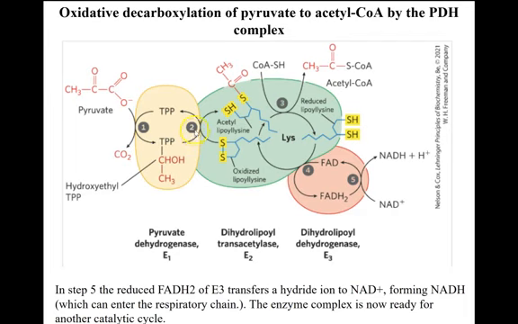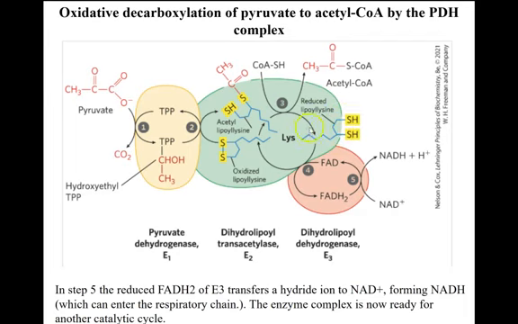Now the next step is reducing the lipoyl group, so that acetyl group gets attached to this thiol group right here. Coenzyme A now replaces that thiol group and picks up the acetyl group, and now you have acetyl coenzyme A. You still have this reduced form.